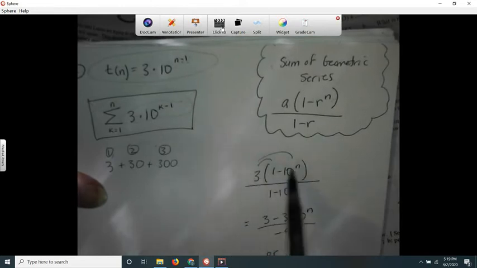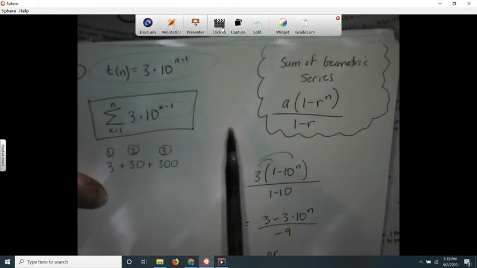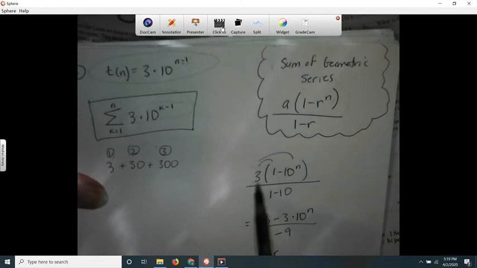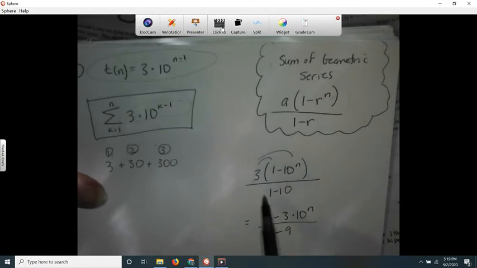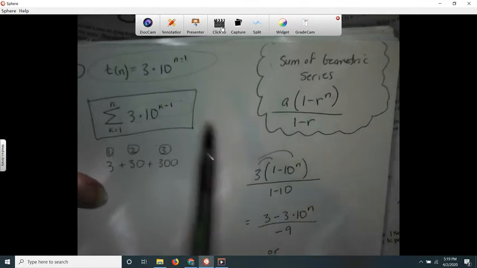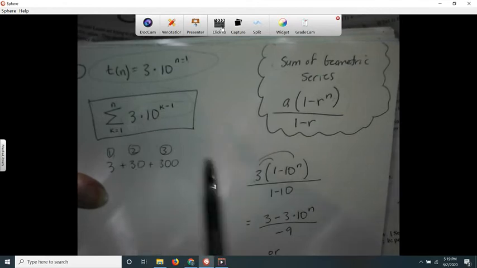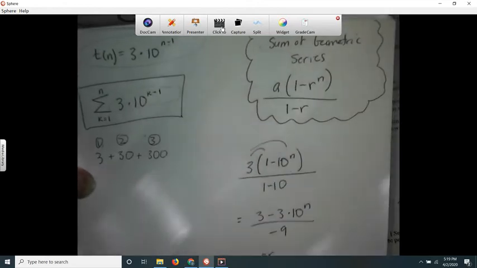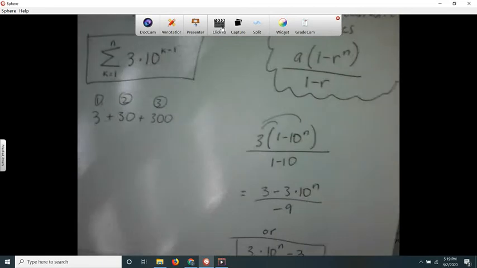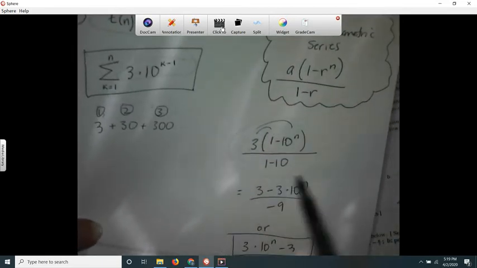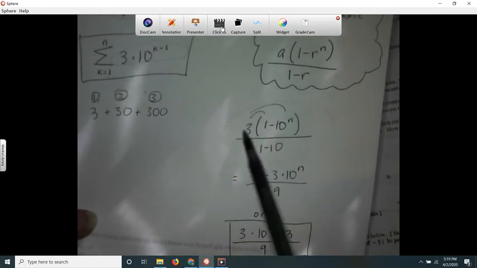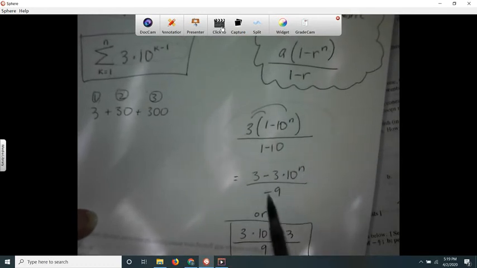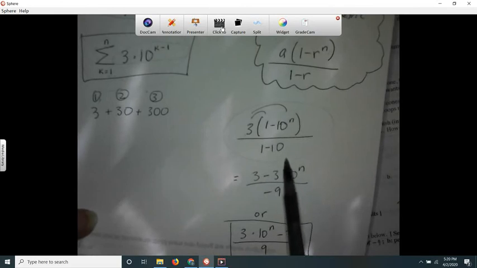And this is how you can sum it. So I just plugged the numbers in. So there's A, and then 1 minus 10, because 10 is R, to the n, and then 1 minus R, well, R was 10, so I'm just showing my work here. Now, I kind of just liked it like this, but you could distribute the top and make it look more like this, and 1 minus 10 is -9.